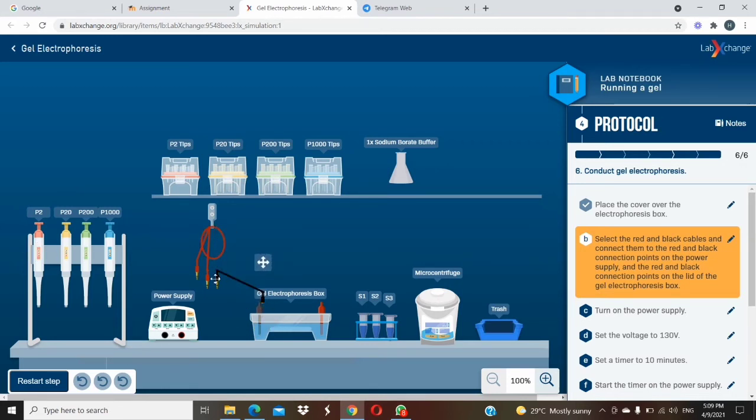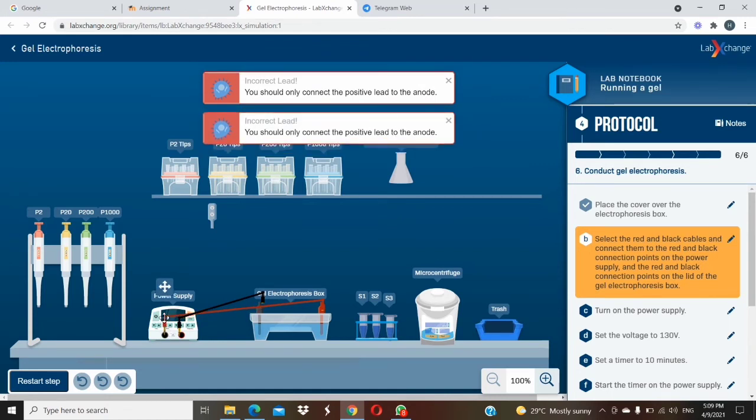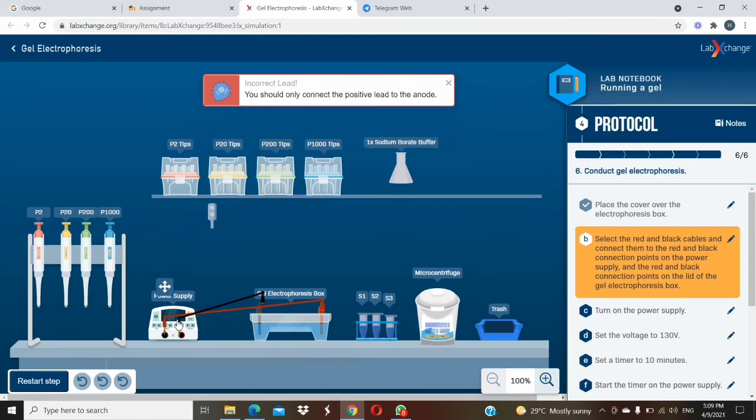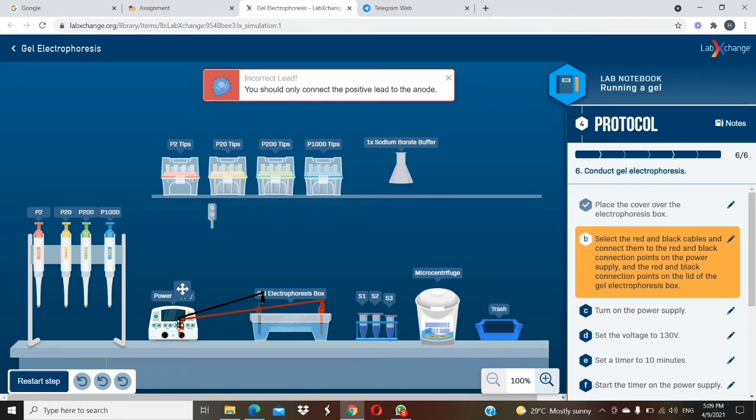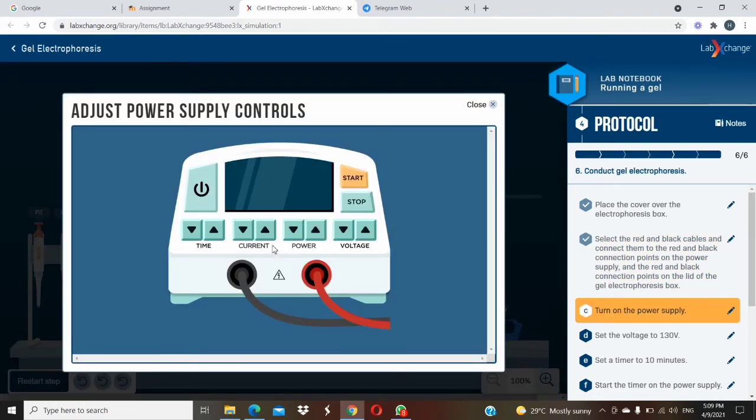Okay, just connect it. This is the black cable that we are connecting now. And here we have the red cable to connect. Oh, sorry, it should be here. Yeah. Then turn on.